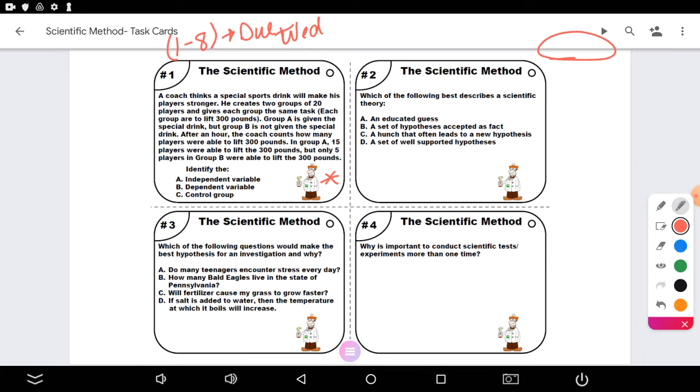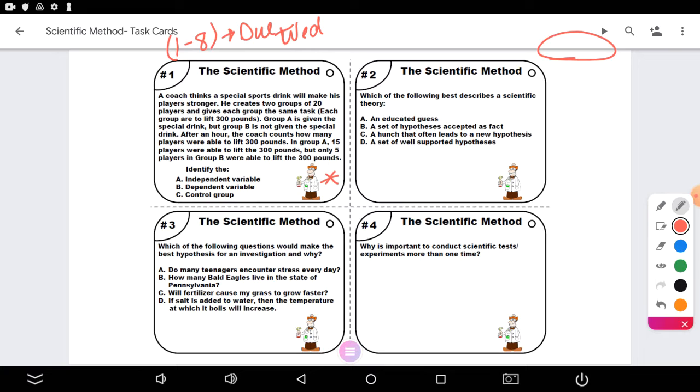After an hour, the coach counts how many players were able to lift 300 pounds. In Group A, 15 players were able to lift the 300 pounds, but only 5 players in Group B were able to lift the 300 pounds. It gives us a lot more information than our scenarios typically do. Focus on what you need, okay?